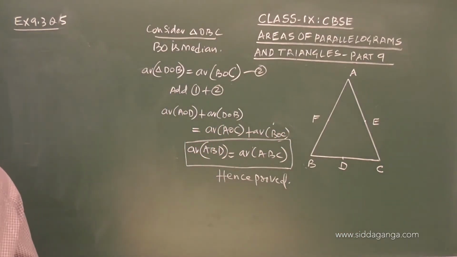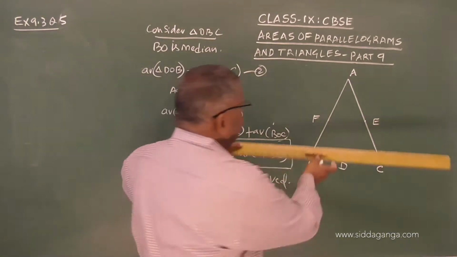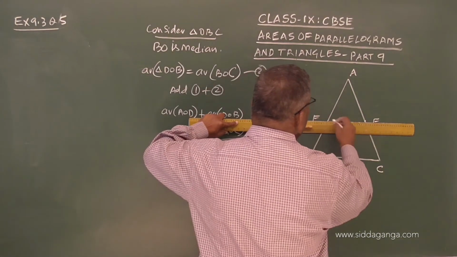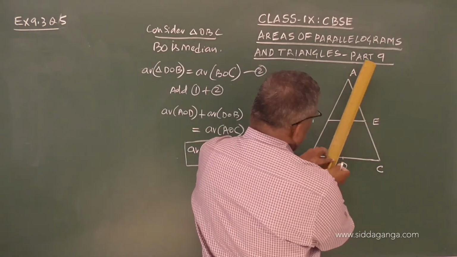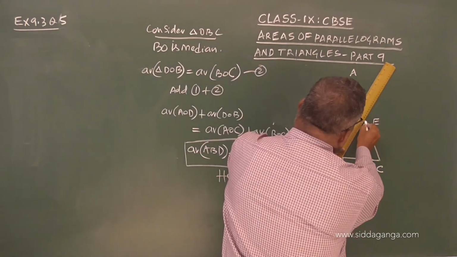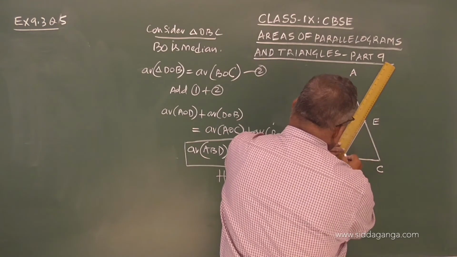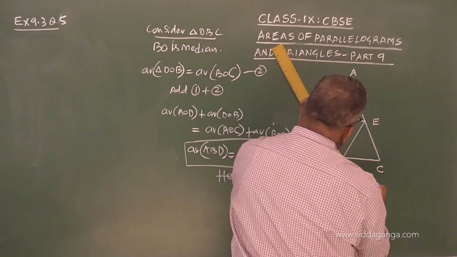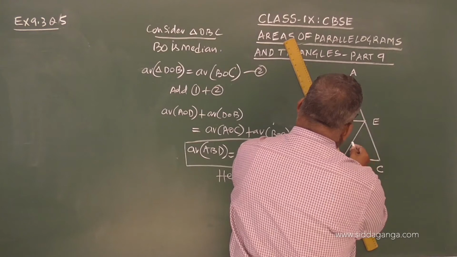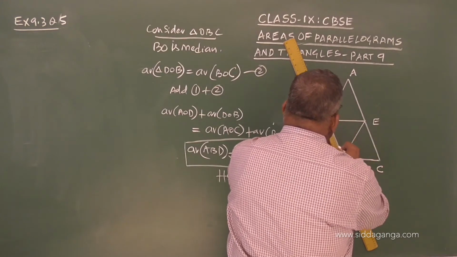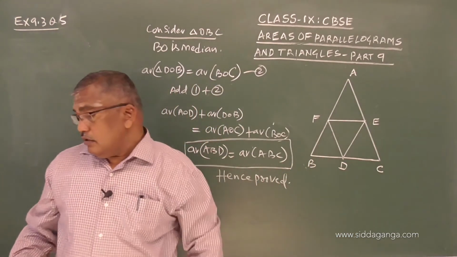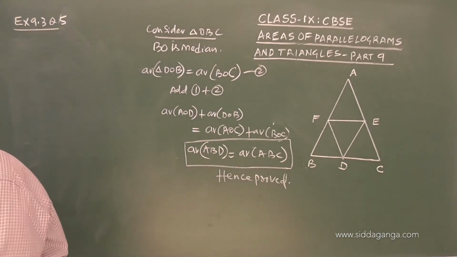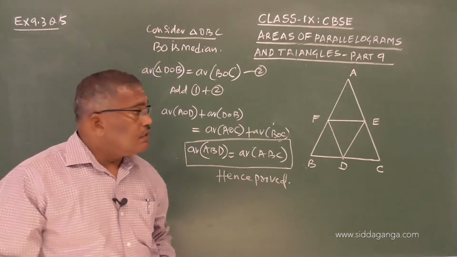Now we have to join the midpoints. This is the diagram given. So whenever diagrams are not given, you have to be extra cautious to understand and draw the diagram and to understand the problem.